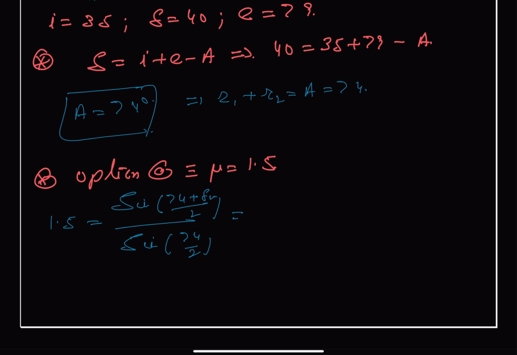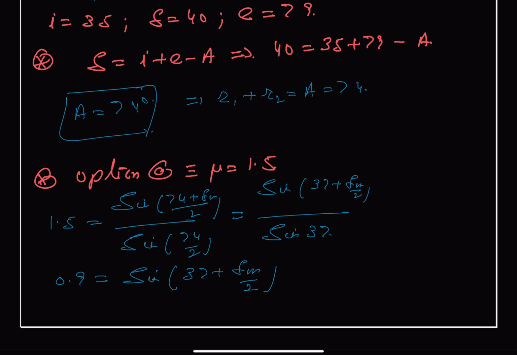This comes as sine of (37 plus delta m by 2) over sine of 37, and sine of 37 is close to 0.6. Multiplying by 1.5 gives 0.9, which is equal to sine of (37 plus delta m divided by 2), and this 0.9 is approximately sine of 64.